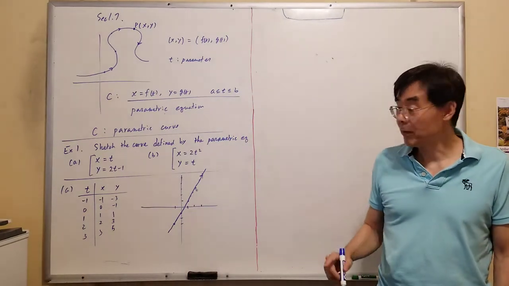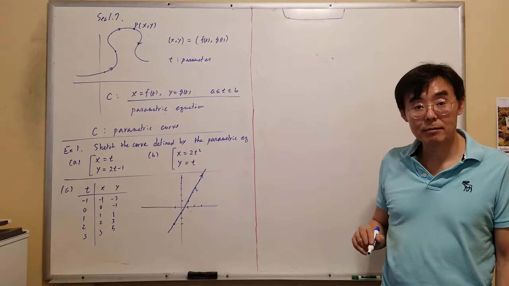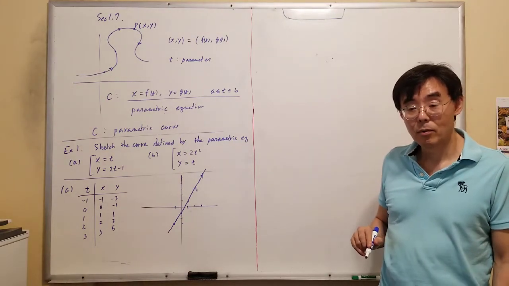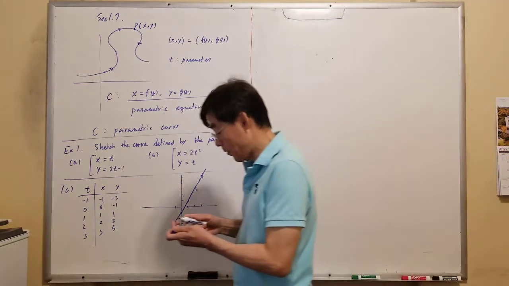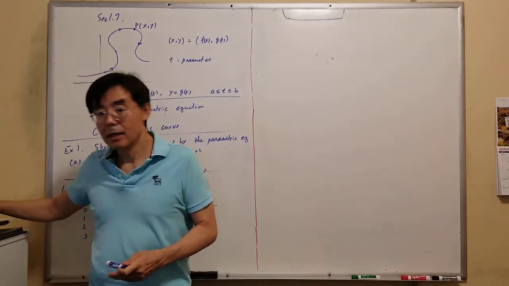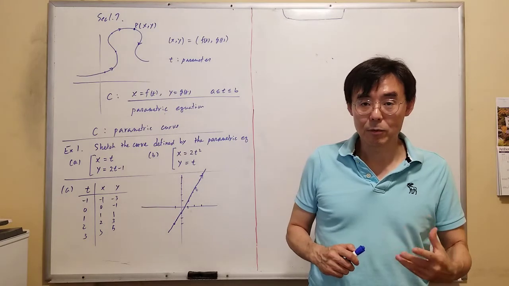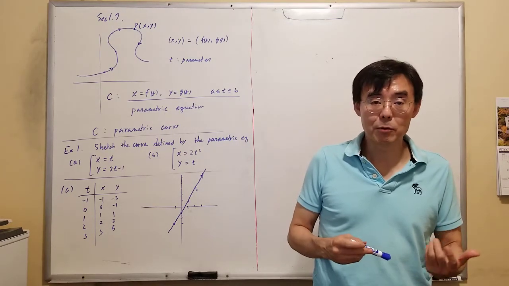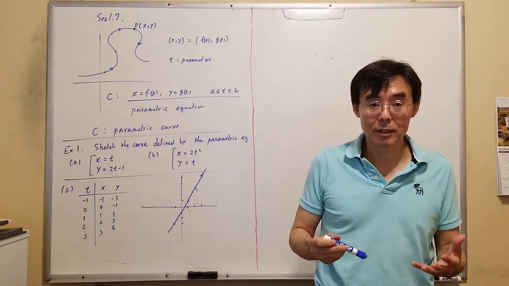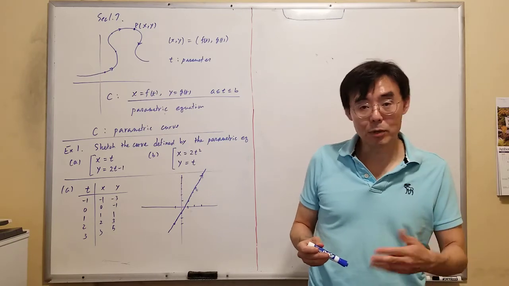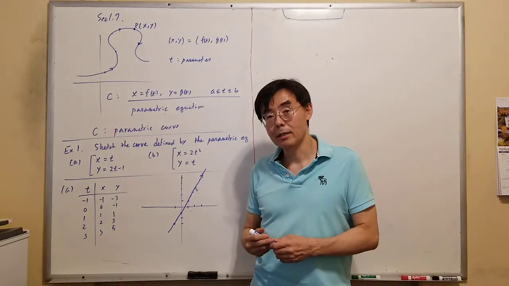And how do we confirm that this is indeed a line? Well, so far the only thing you learned about the shape of a graph of an equation is when your equation is an xy equation. Okay? We know a line equation will be a linear equation in x and y.